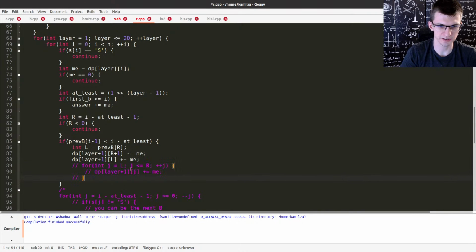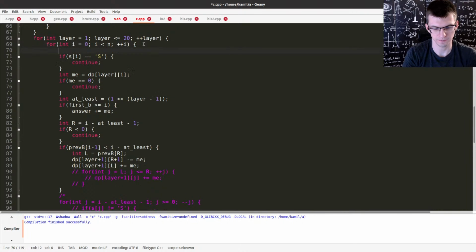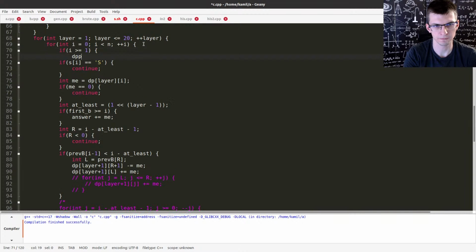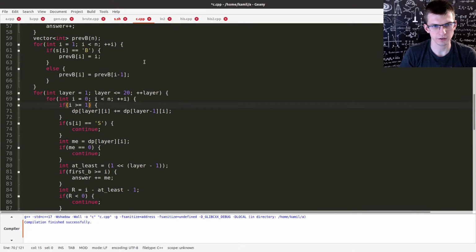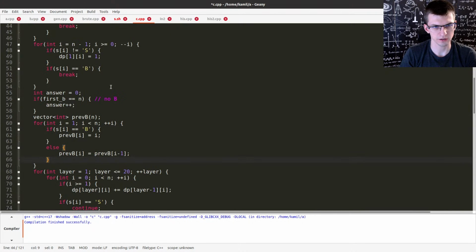Now if I do prefix sums on this, I will be good. This is how you add to interval in constant time. Here and I. Those two things combined will work. Also for layer equal to 1, we don't do that because we have this.